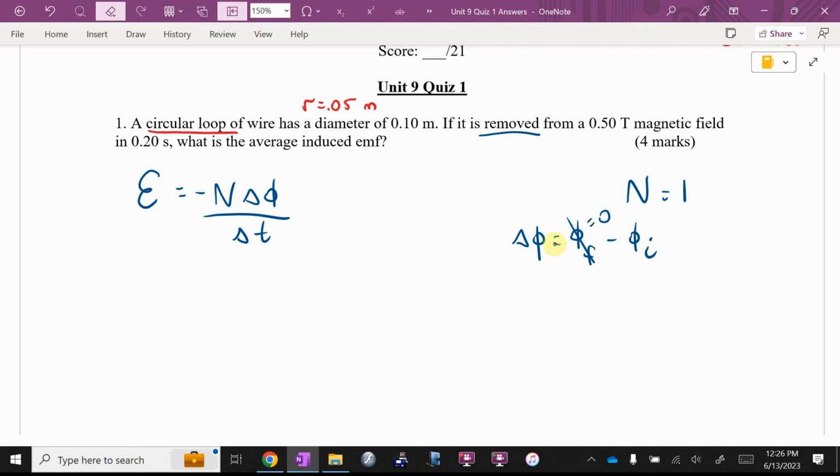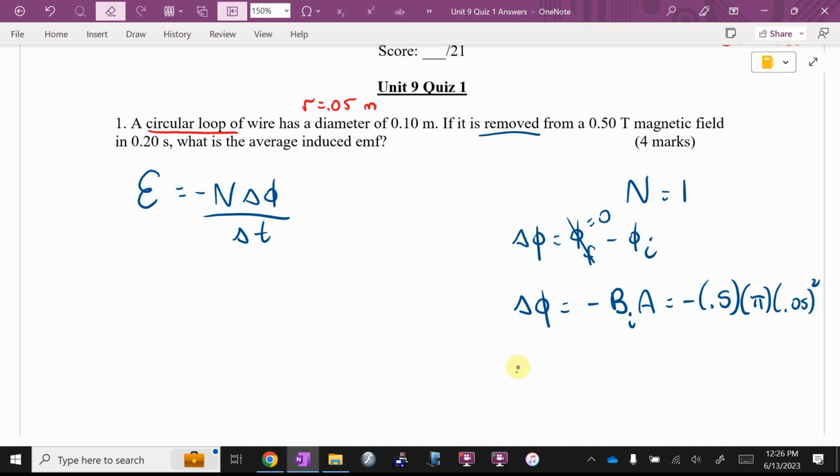So I'm going to get negative B times A, and I think what's changing is the magnetic field, not the area, although you could be even changing both. It's going to be negative 0.5 times pi 0.05 squared, times pi r squared.